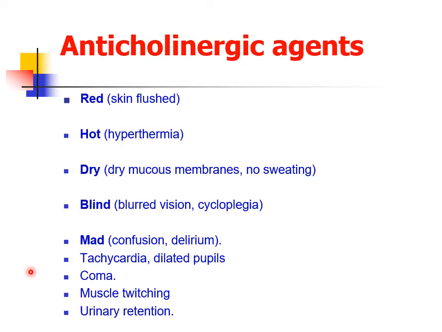So, classic anticholinergic syndrome: red, hot, dry, blind, and mad. In addition, the patient may present with tachycardia, dilated pupils, in some situations coma, muscle twitching, and urinary retention. Remember, these agents are blocking the parasympathetic nervous system.